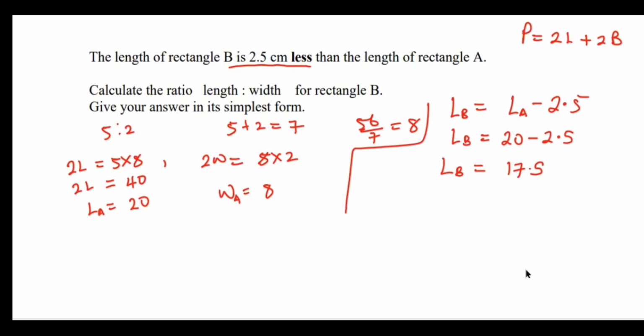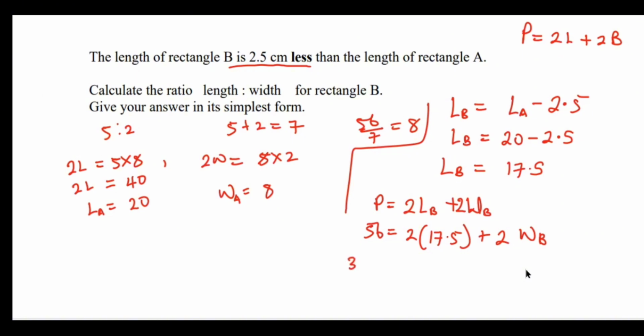Since the perimeter equals 2LB plus 2WB, where WB is the width of B, we can say that 56 now equals 2 times 17.5 plus 2 times WB. 17.5 times 2 will give us 35.